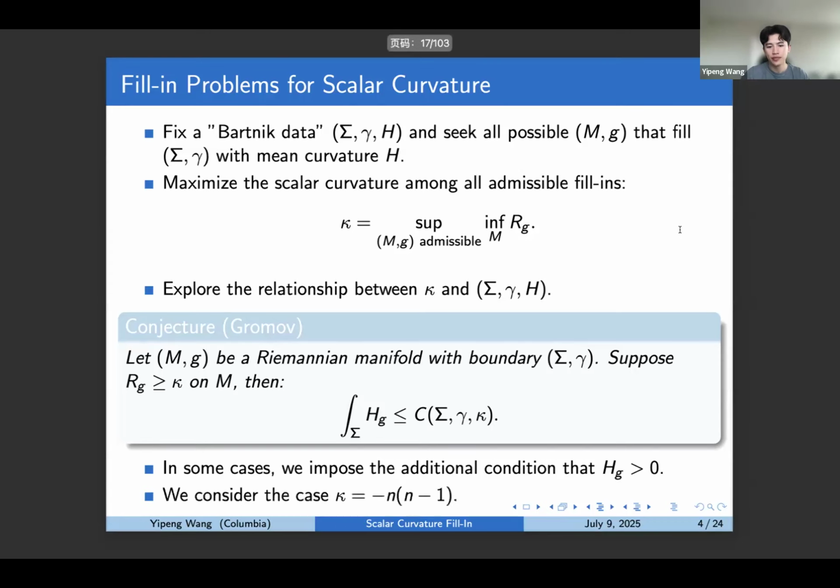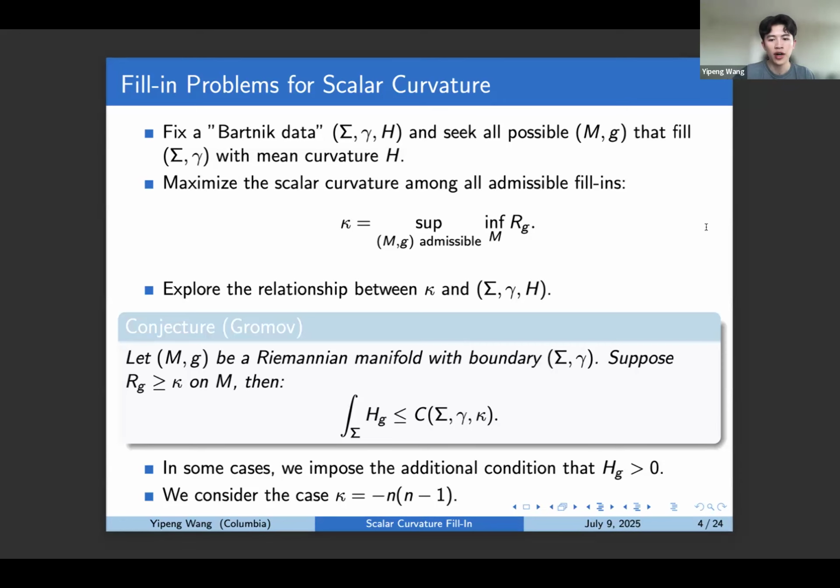And then we'll consider mainly the case where kappa is negative, because if this conjecture is true for some negative kappa, then it's also true for kappa 0 or some positive constant. You just need to understand what exactly the constant is, and then you can always rescale kappa so that it's equal to minus n times (n minus 1).